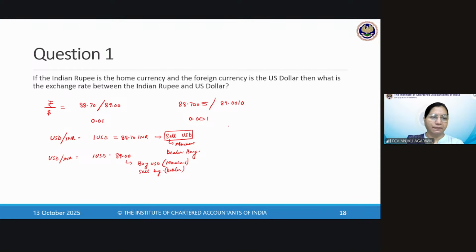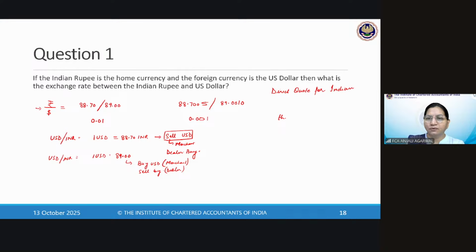Ma'am, for the given currency, we can also quote, as we have previously studied, the direct quote and indirect quote. I'm coming on to all that, right? So here, the way we have quoted this is a direct quote for an Indian.